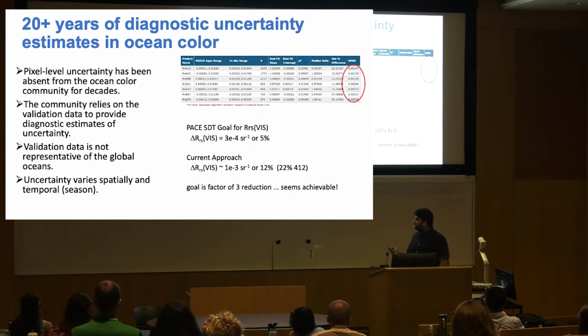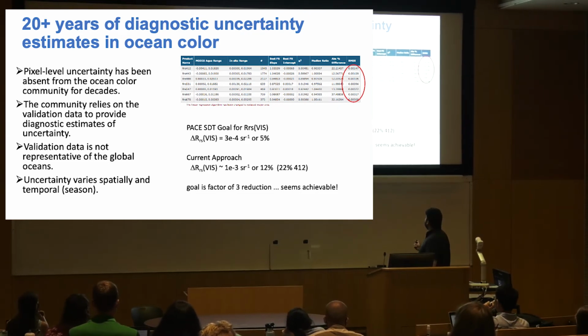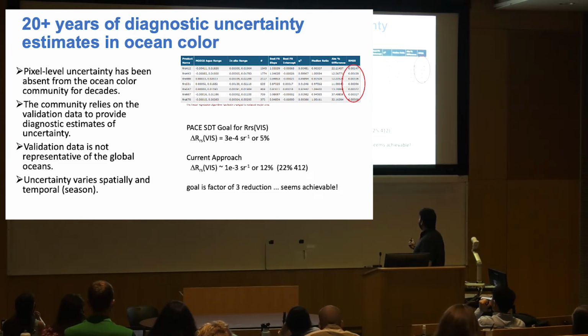So Andy was talking about prognostic versus diagnostic uncertainty. Over the past 20 years, we have been primarily looking at diagnostic uncertainty, and what we mean is that we're looking at the validation metrics from the in situ validation analysis.